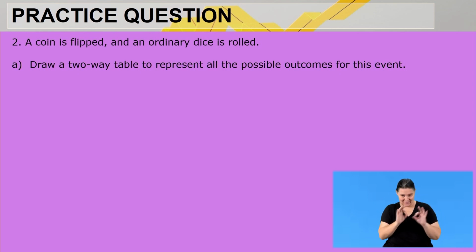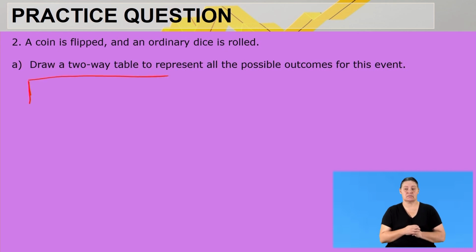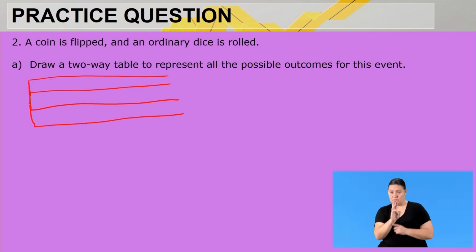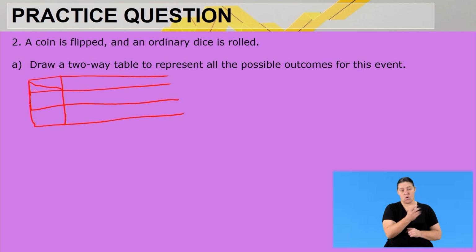First I'm going to indicate where I'm going to split my table into 2. So let's add another column and I'll show you why. The 1 will be for my coin, which I'll label C for coin, and then this will be my dice.